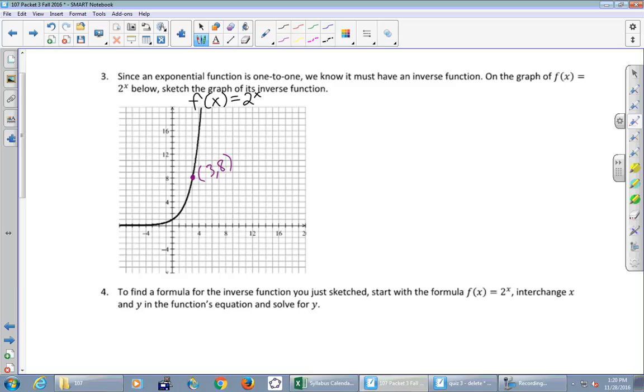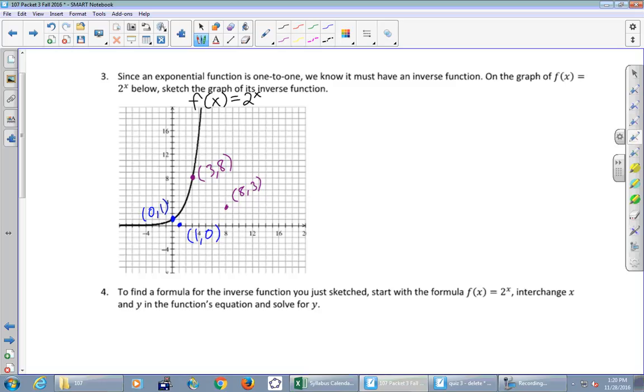And so when I go to the inverse function, what point am I plotting? 8, 3. So you plot the point 8 and 3. Let's just plot a couple more points. For example, this is the point right here, what? That's 0, 1, which goes to the point on the inverse function 1, 0, right there.